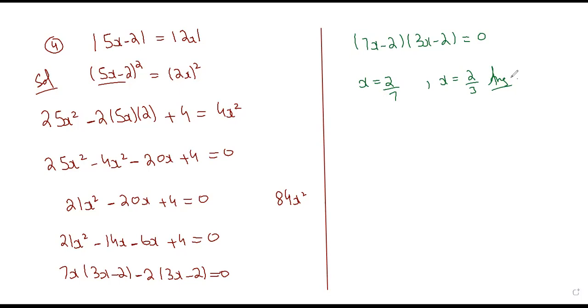In order to solve it, you're just supposed to square both sides of the equation or inequality, and that modulus equation or modulus inequality would be converted to a quadratic equation or quadratic inequality, right? Then we expanded it and got a quadratic equation, and we factorized and got x = 2/7 and x = 2/3. So this is basically the story behind the modulus function.